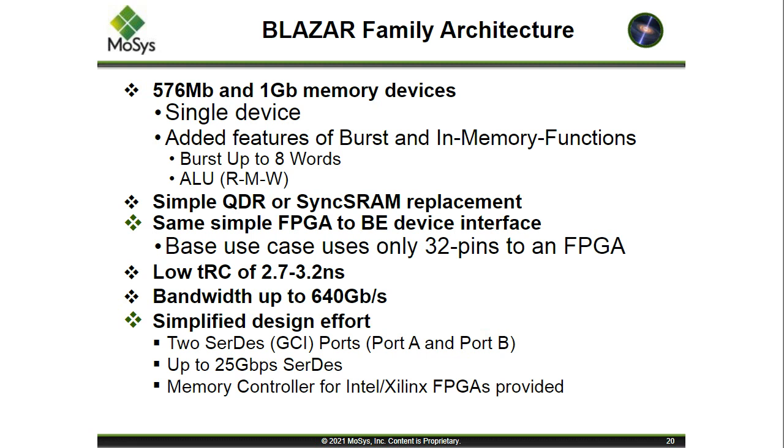But these are the devices that have the in-memory functions, the burst and the ALU functionality built into them. It has the same density, so if you put it in to replace 4 devices, you could still replace 4 devices and just add features and functionality to your system.